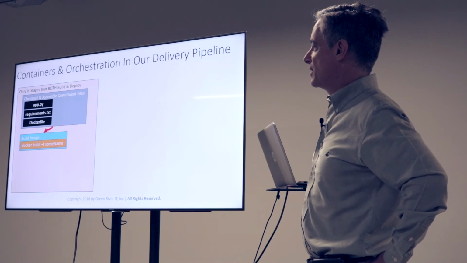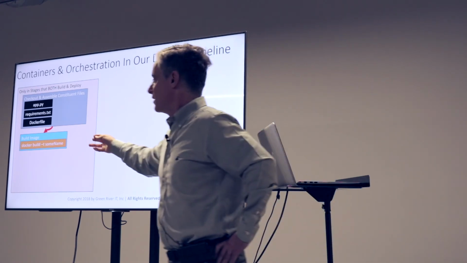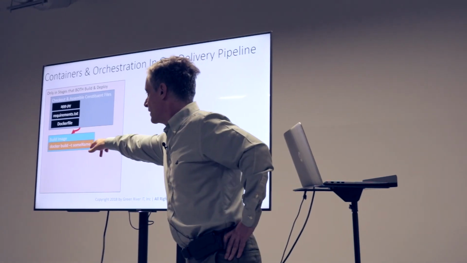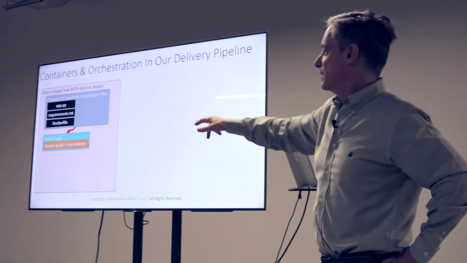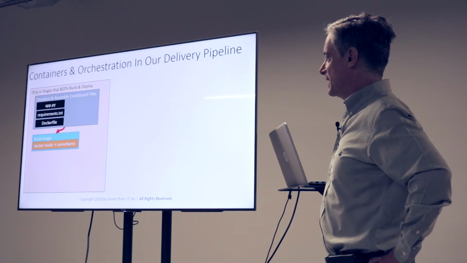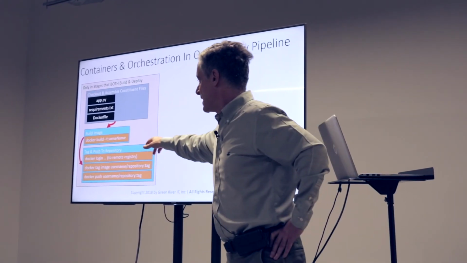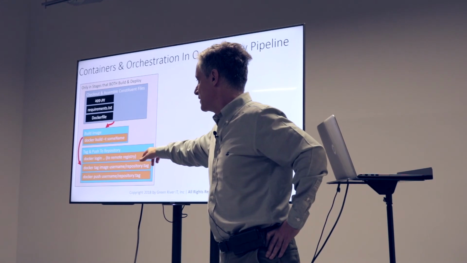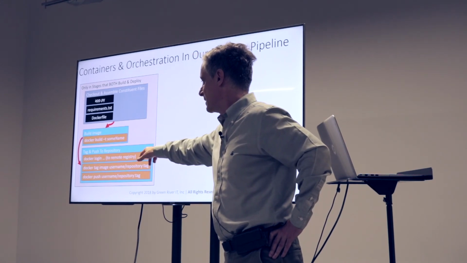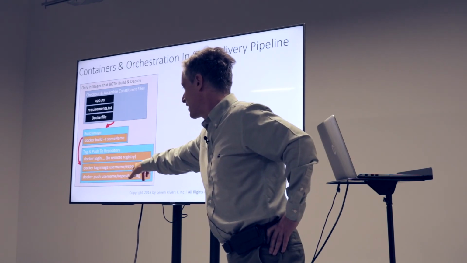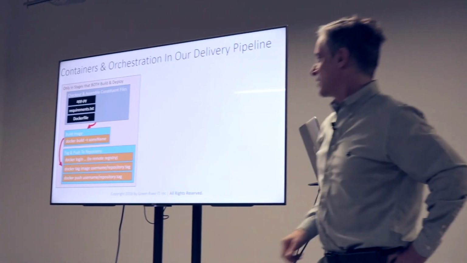It built an image, and I'm putting code here because I want to make sure that we see this isn't that difficult. Here's the one line of code, Docker build -t and then the name of what we want it to build. And then it tagged these things and sent them to the repository by typing in a login command, a Docker tag image command, and a Docker push command.